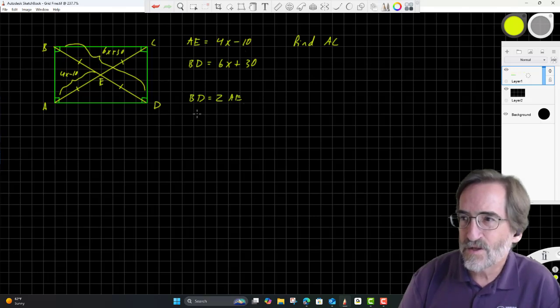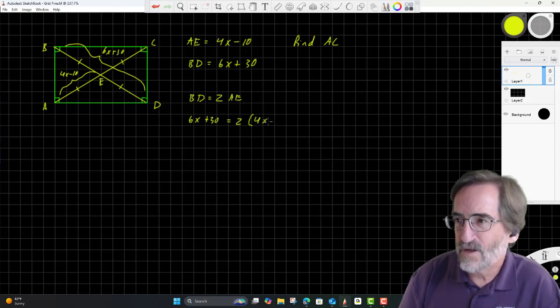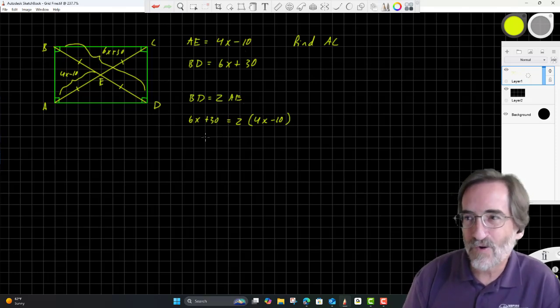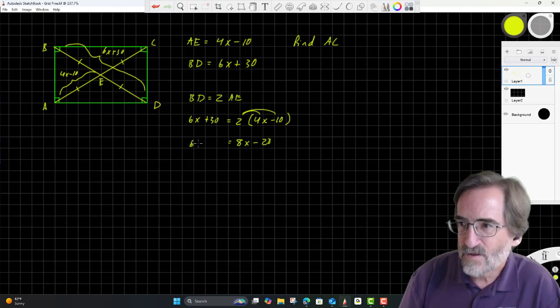So let's fill in what we know. BD is 6x plus 30, and AE is 4x minus 10. Let's see if I even set up a problem that's solvable. Distribute. This is all algebra now. 2 times 4x is 8x. 2 times 10 is 20. 6x plus 30.